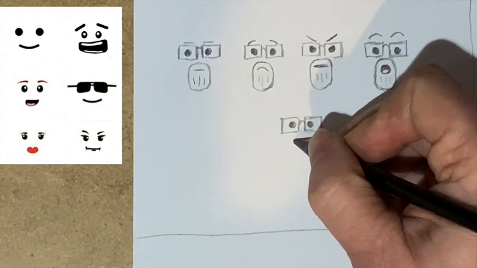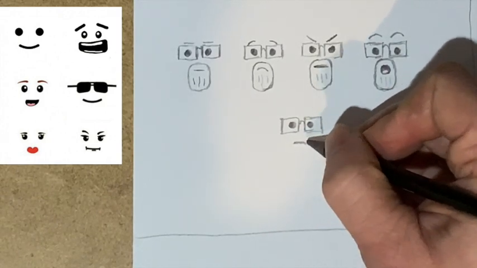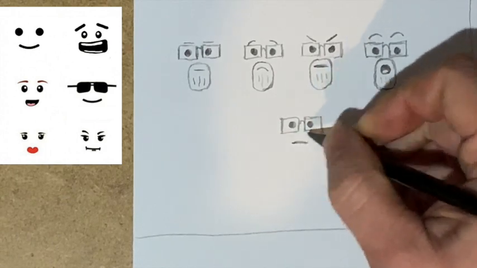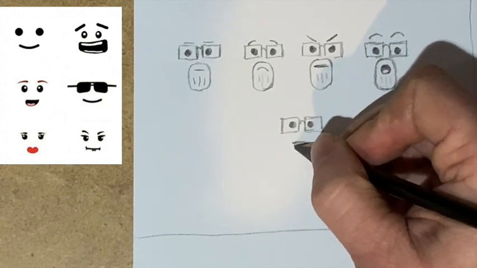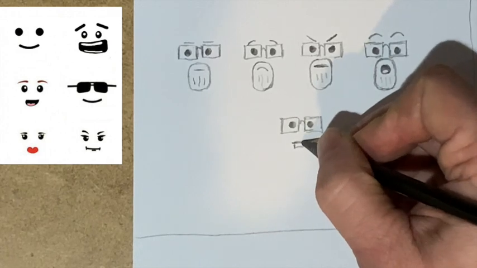Gonna have a big smile because it's gonna end up having teeth on it. So there's the upper lip portion. Holy cow, that's a big set of teeth.